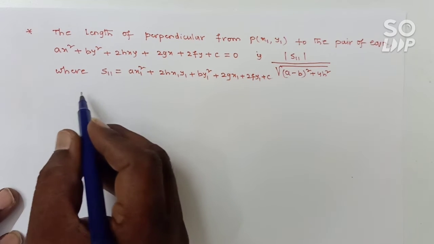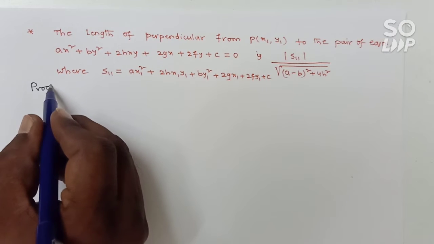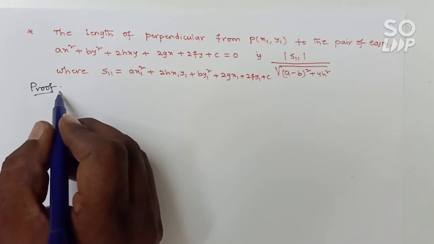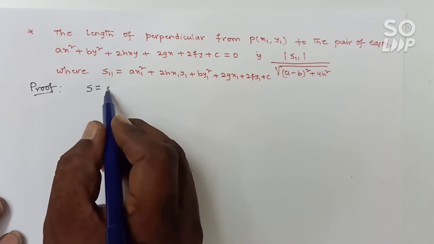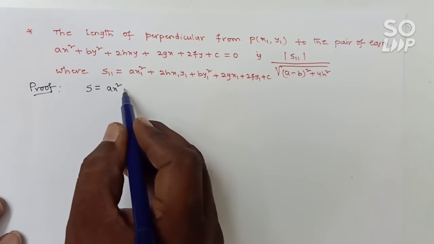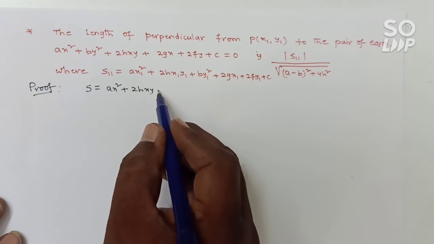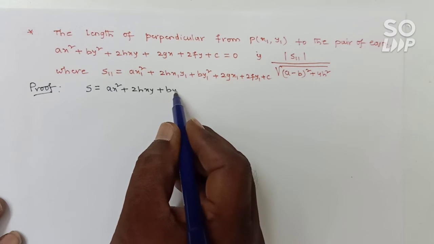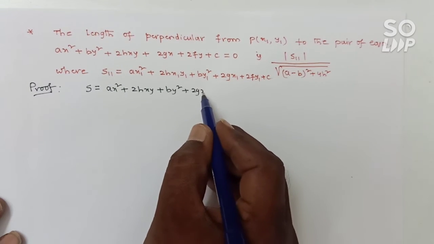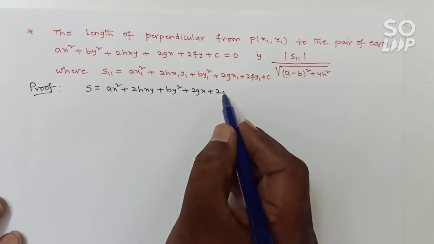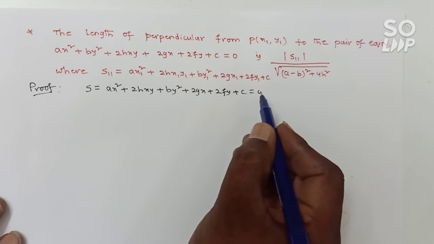First of all, take this equation as S. Let S equal ax square plus 2h into xy plus b into y square plus 2gx plus 2fy plus c equals 0.